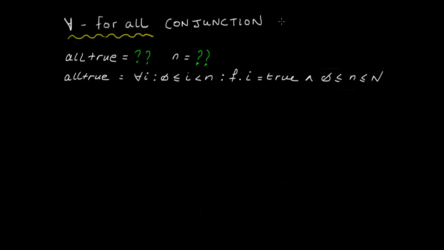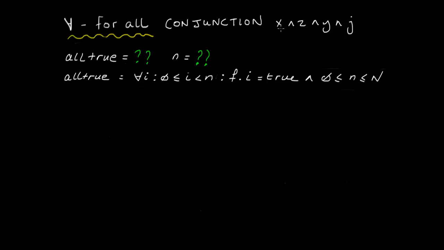So a conjunction would look something like this. It could be X and Z and Y and J. That's a conjunction. Any set of statements that are separated by an AND.